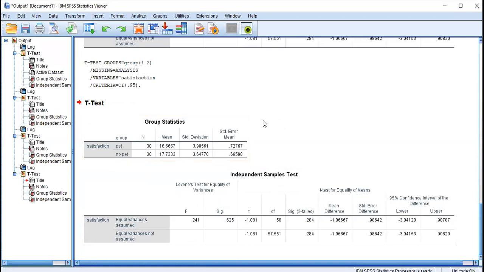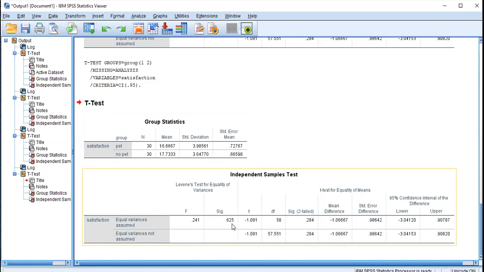Now coming to part C of the question, which was asking whether there is any difference in the variances of the two populations. The Levene's test is answering that question. The significance value comes to 0.625, and Levene's test F is equal to 0.241.